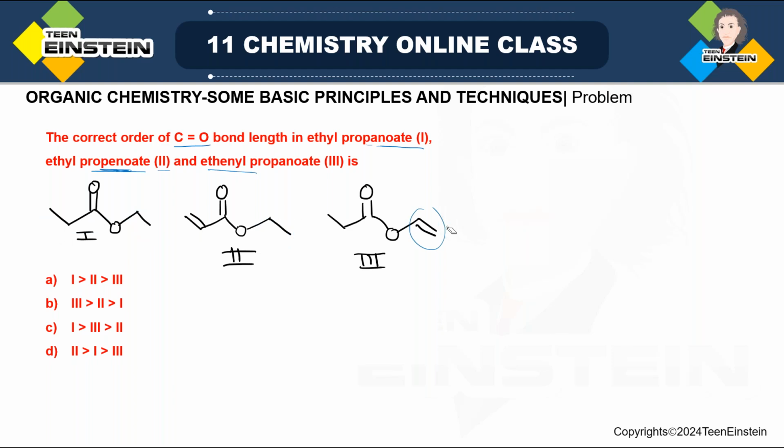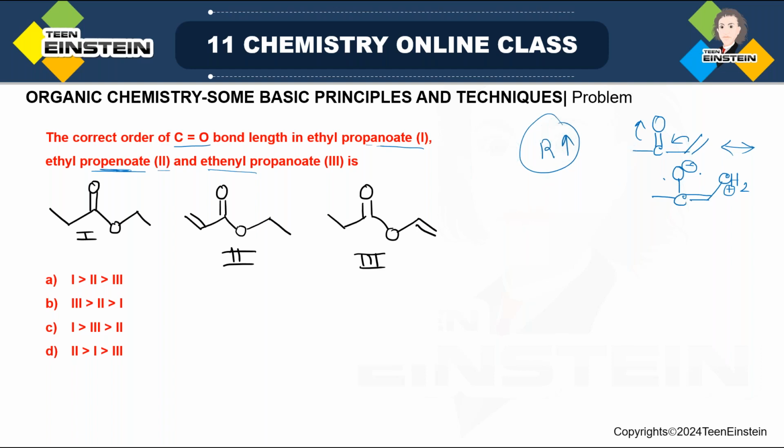Now the correct order of C double bond O bond length. It is indirectly asking in which case the maximum amount of resonance will take place, because when resonance is very high, that means the C double bond O... Suppose there is a C double bond O, and on any of these sides there is some C double bond C. If a C double bond C is present, this type of resonance will occur, and after resonance you will see the double bond character of the C double bond O is now lost, and the double bond will now be in this position, and here we will have a positive charge.